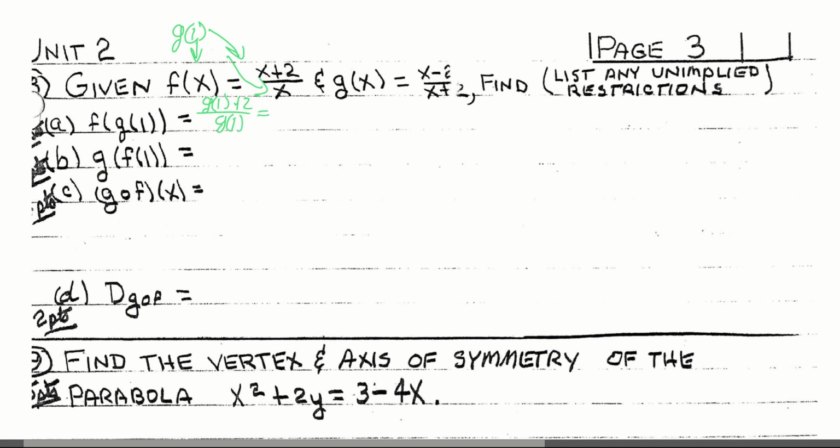And then replace g of 1 with the function g of x, where each x is 1. So we have 1 minus 2 over 1 plus 2, plus 2, all divided by 1 minus 2 over 1 plus 2.